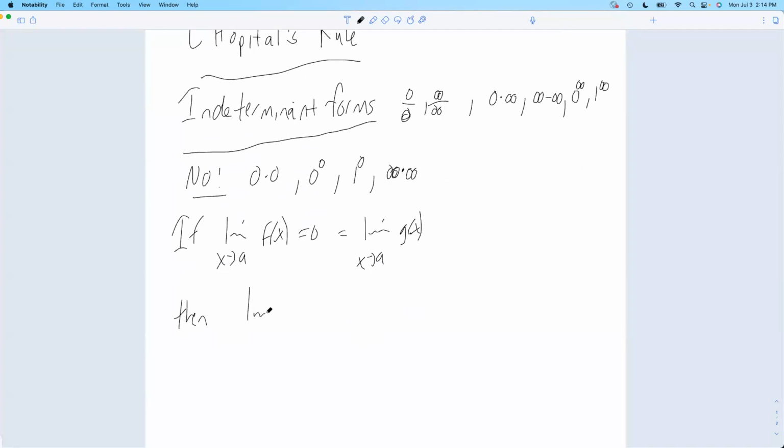Then the limit as x approaches a of the fraction f over g will equal the same thing as if we take the derivatives of top and bottom. If, and this is a big if, the limit exists.